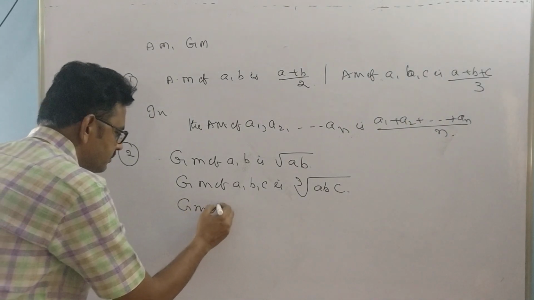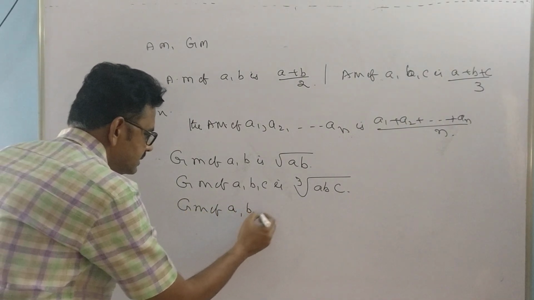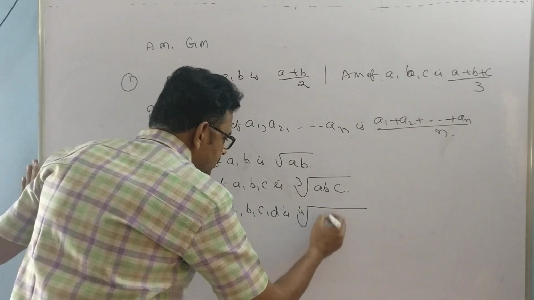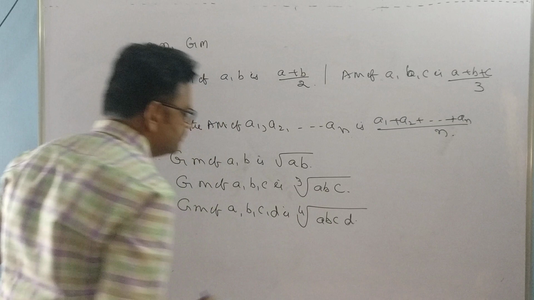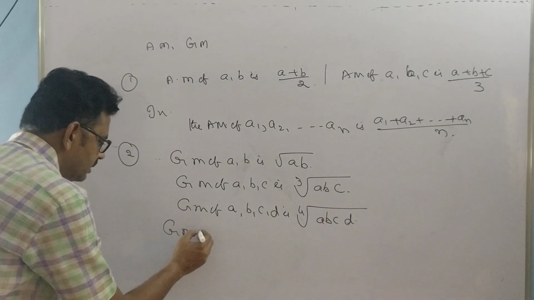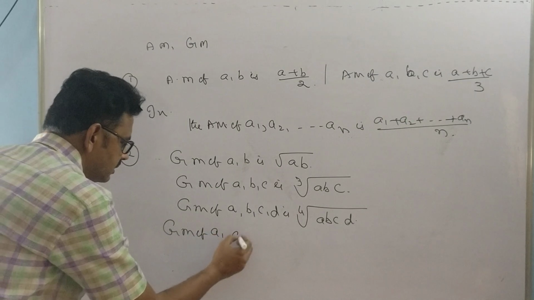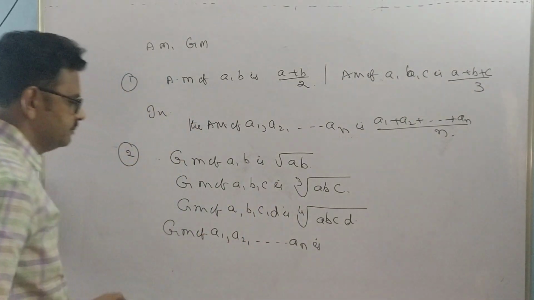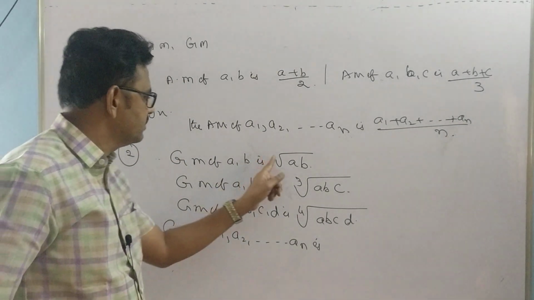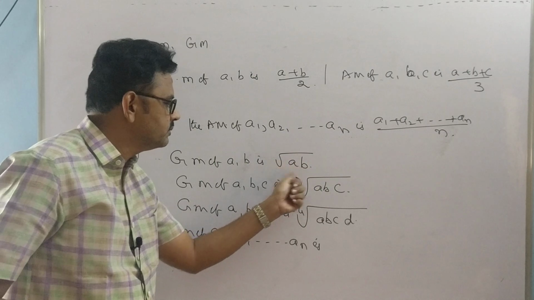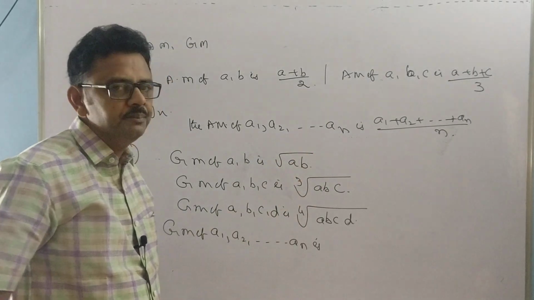Geometric mean of a, b, c, d, if you take 4 terms, is fourth root of abcd. Square root means what? That is ab whole power 1 by 2.